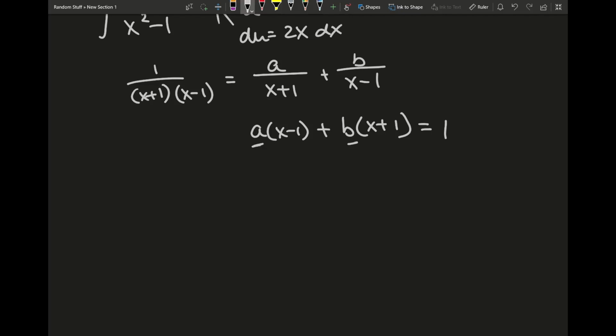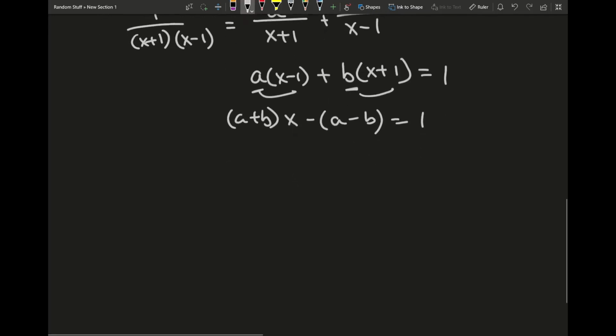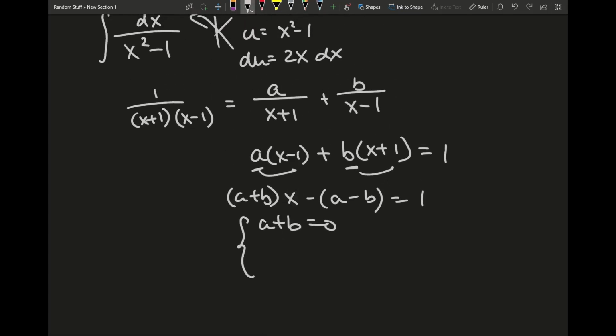And now these two: (A plus B) times x. Then this is negative A, this is positive B, so let's do minus A, and then you factor the negative out, so that's B minus A equals 1. And as we know, A plus B equals 0, and since the top must be 1, we want a negative 1 here, so these cancel out to be positive 1.